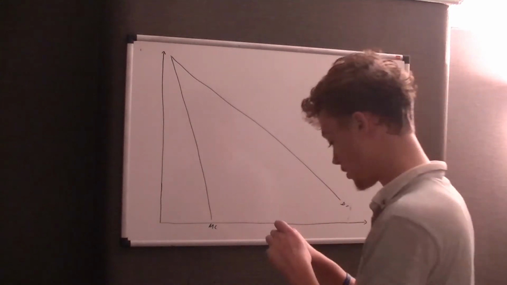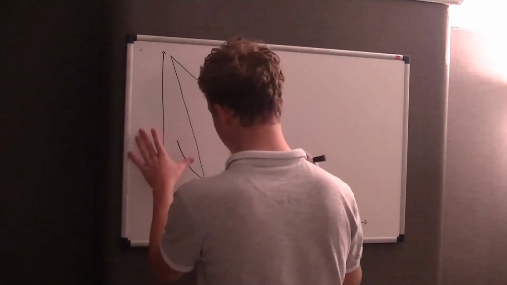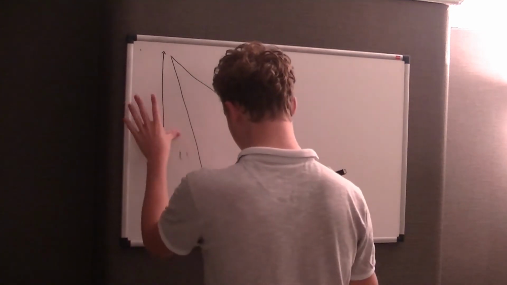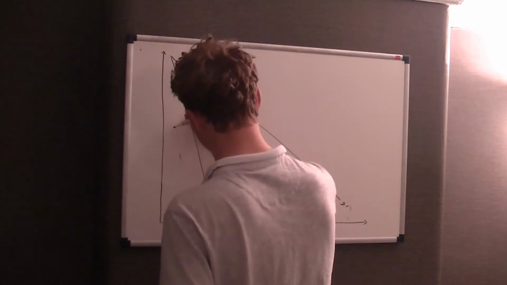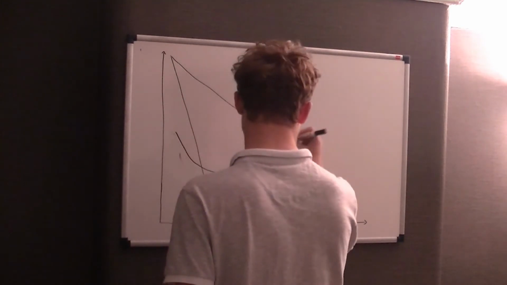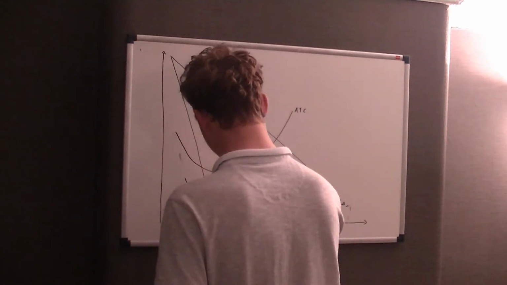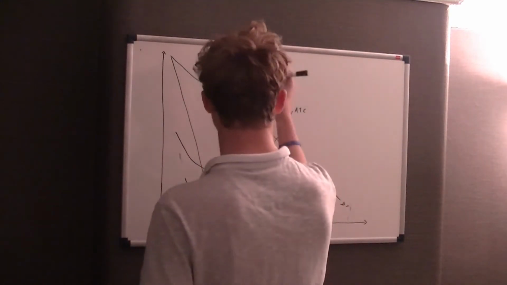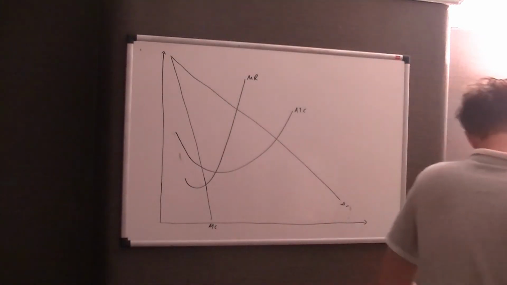Now let's put our curves on like we did in the other diagrams. The short run, so it needs to be a bit higher. Let me make sure I've got this right before I start.